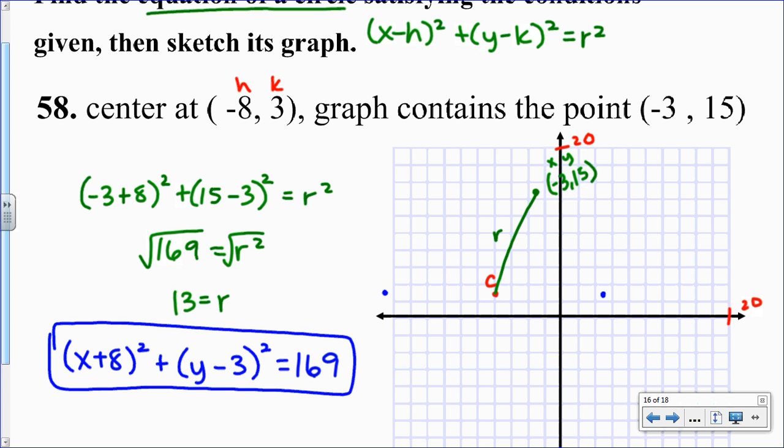And then I want to go vertically as well. I also know this point here in green is on the circle too. So my circle should be drawn through that point too.